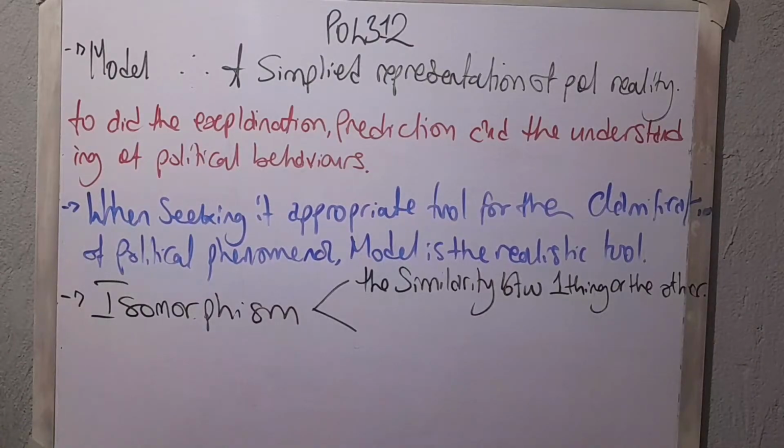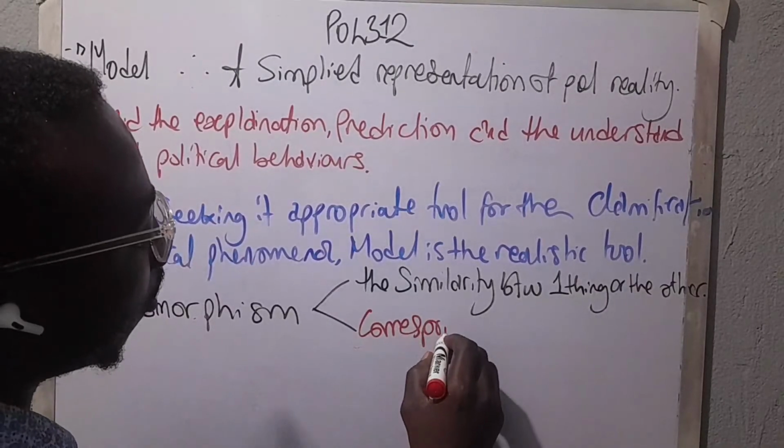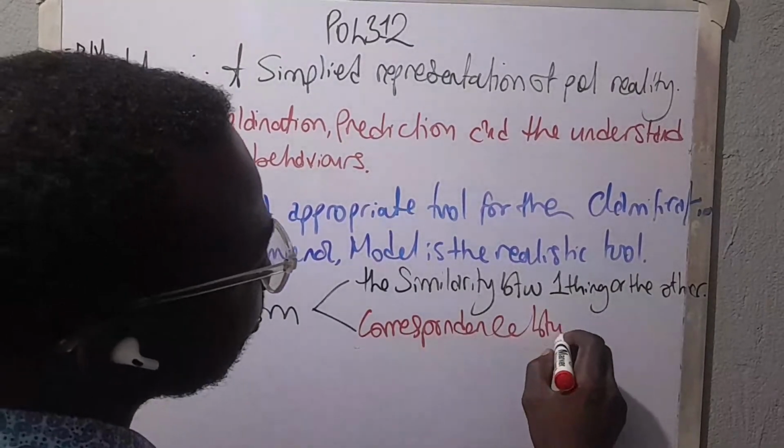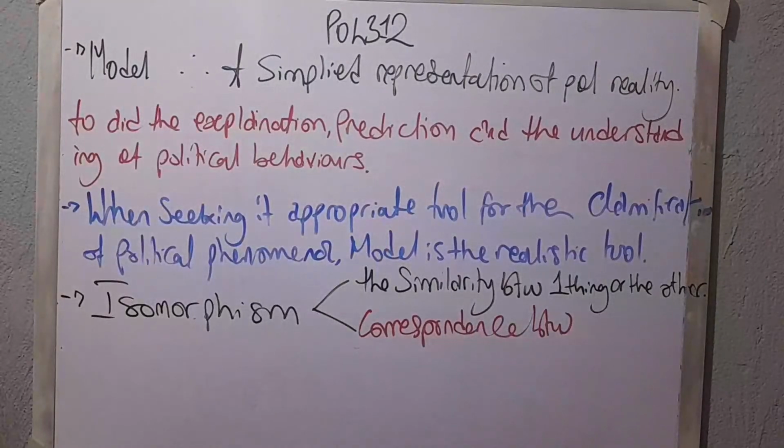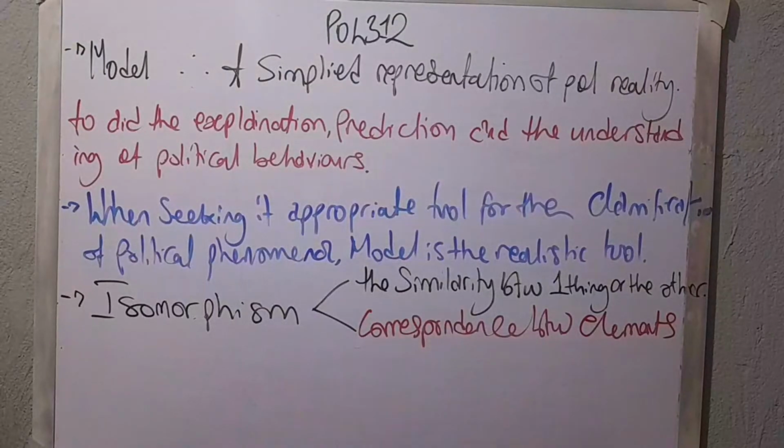Now, there must be a one-to-one correspondence between elements. You are not talking about an environment and taking a point from something completely outside the set or the subject environment. So there has to be correspondence between all the elements that you are using to understand or comprehend or further simplify a particular phenomenon.